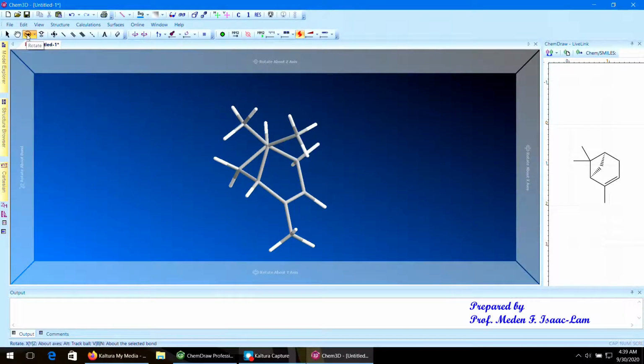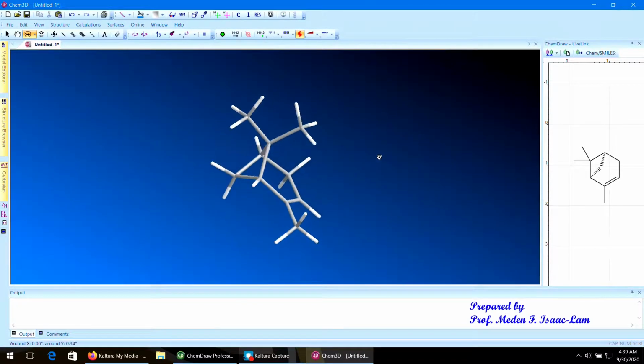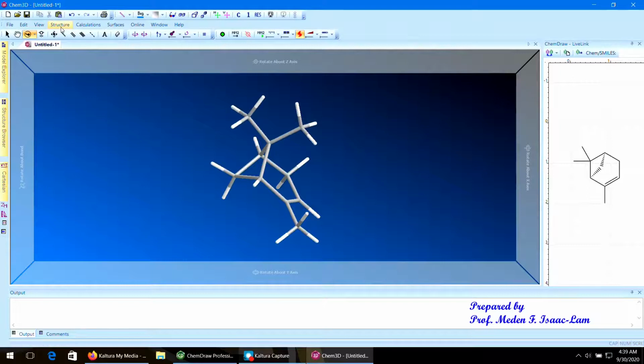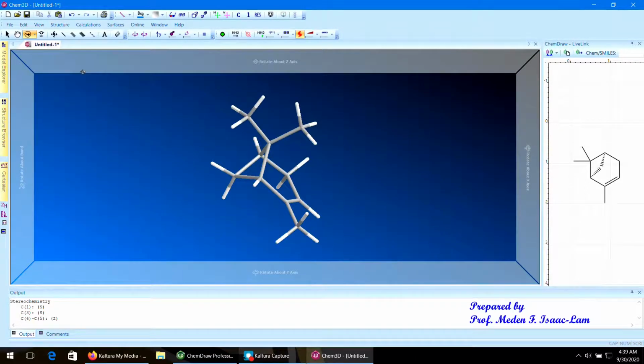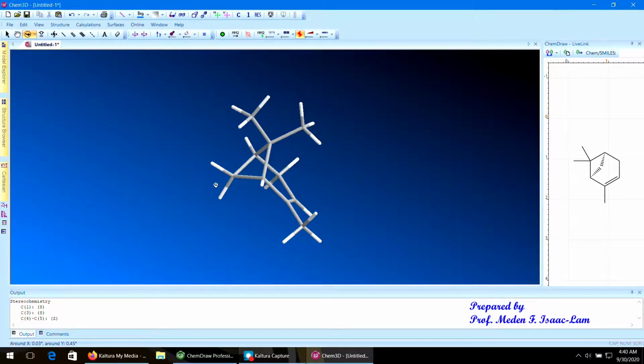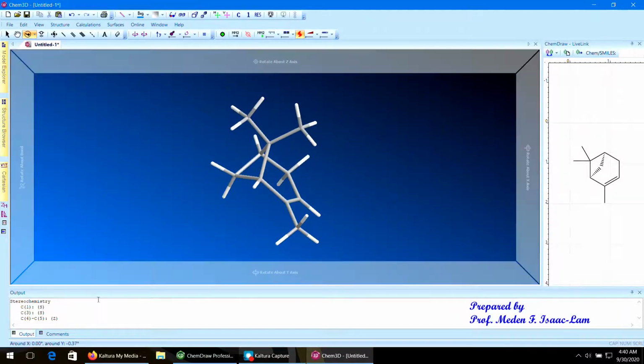Rotate the molecule to view better, and then on structure, detect stereochemistry. It's showing you at the bottom here, C1, C3, S, S.